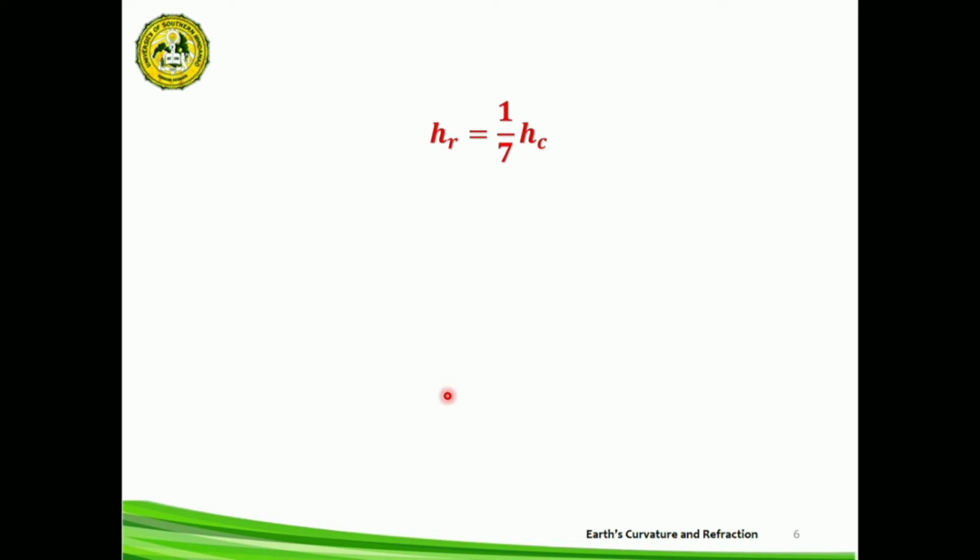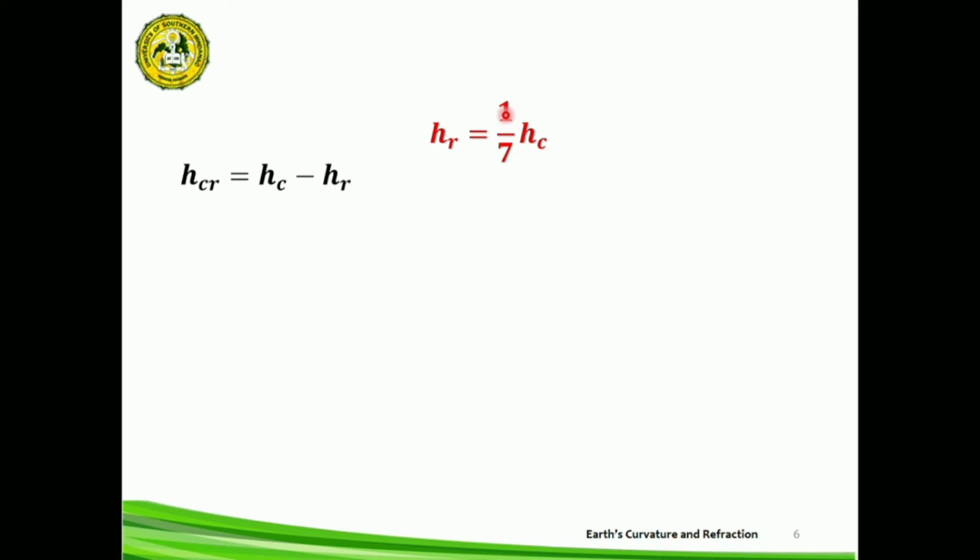So, kung naalala nyo yung sinabi ko, yung refraction correction natin has a value of 1/7 HC or curvature correction. It is due to the curvature effect.